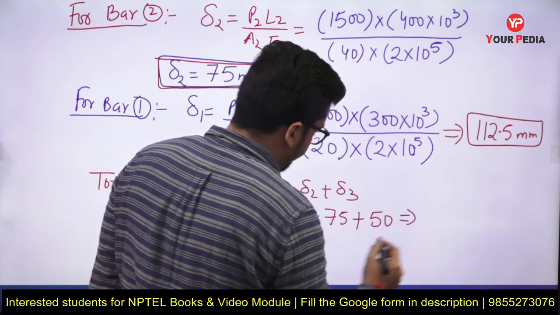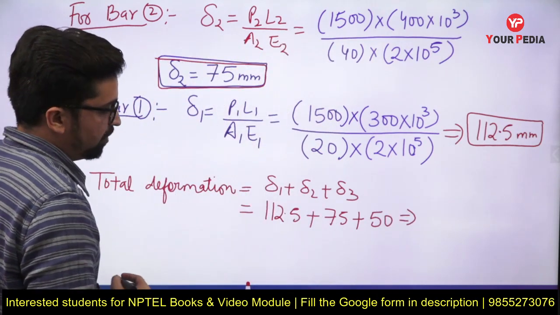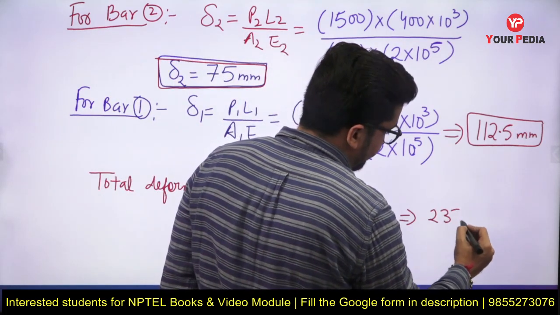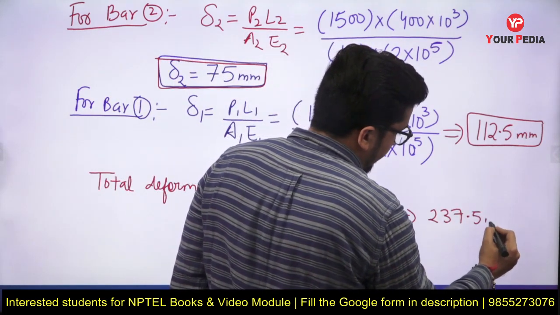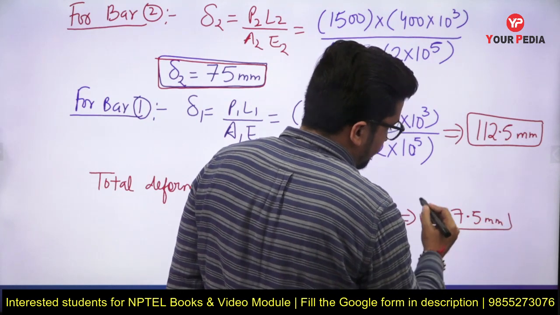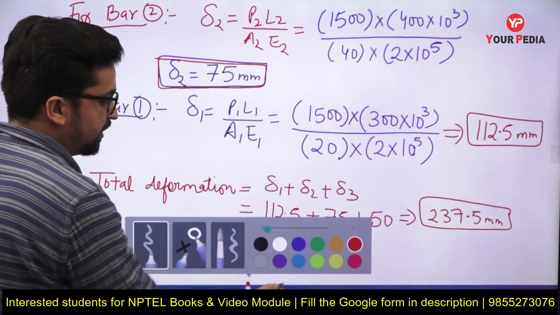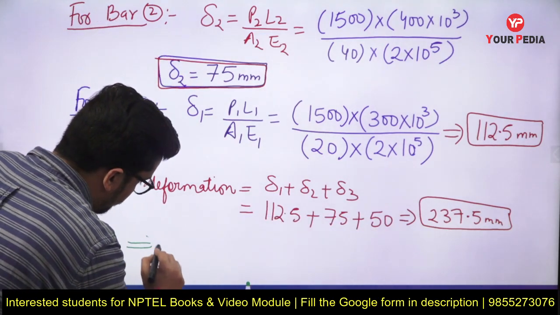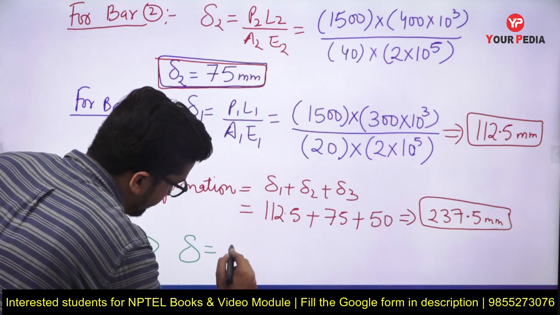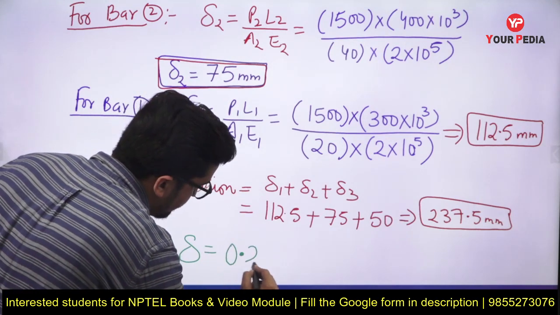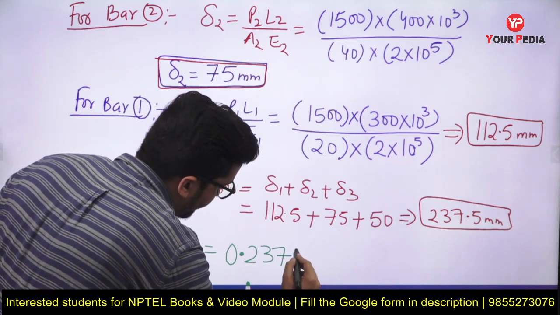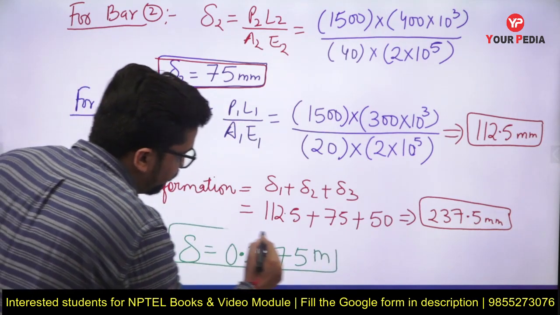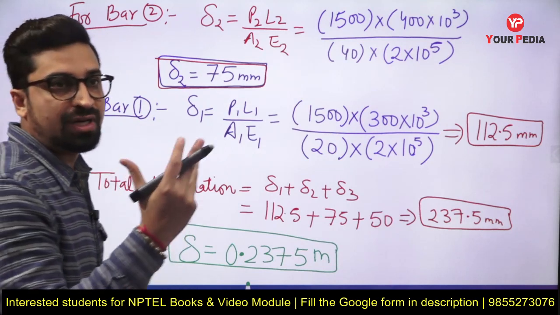So the total deformation will be 237.5 mm, right? Let us convert this into meter. So 0.2375 meter will be the total deformation of this composite bar.